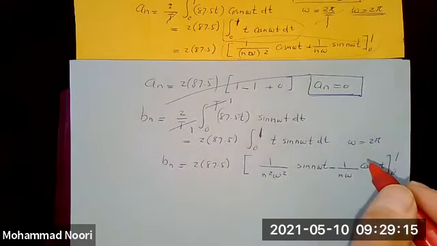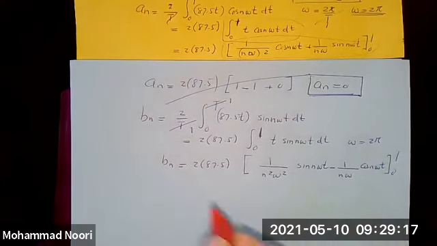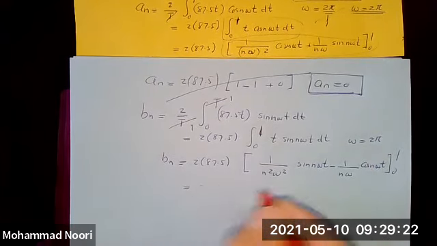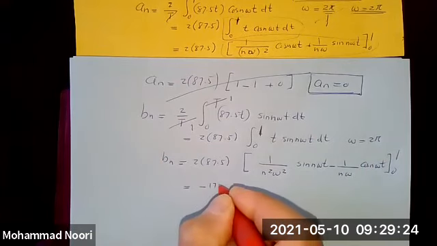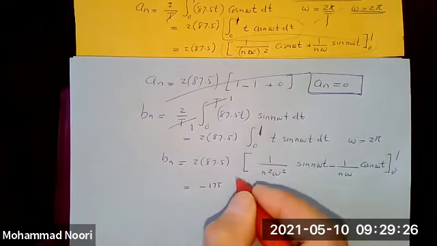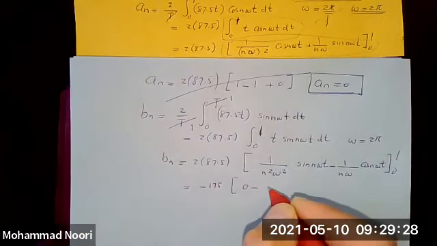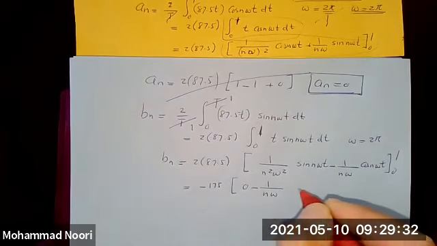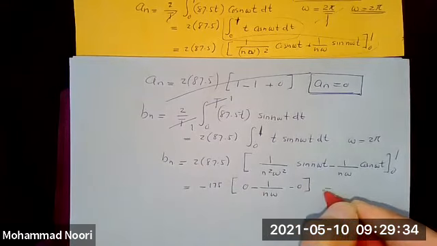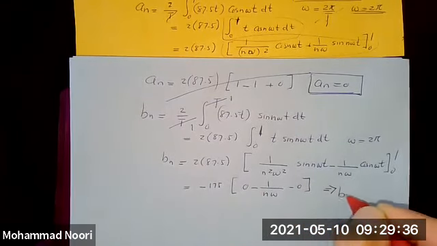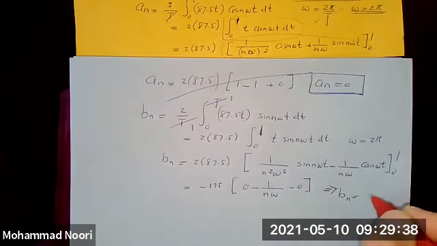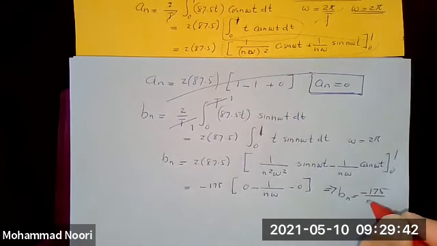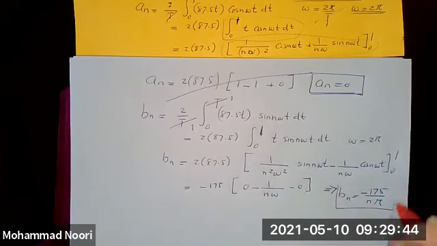You substitute for that, you get negative 175 times 0 minus 1 over n omega minus 0. So b_n would come out to be negative 175 over n pi.